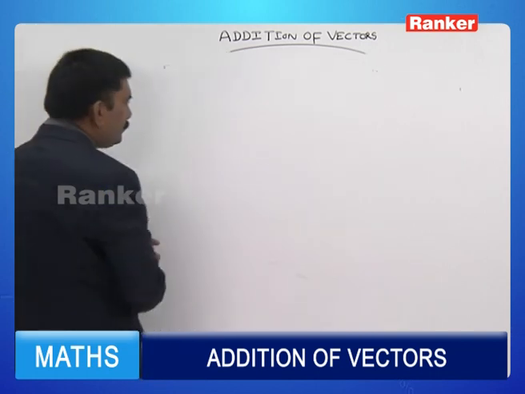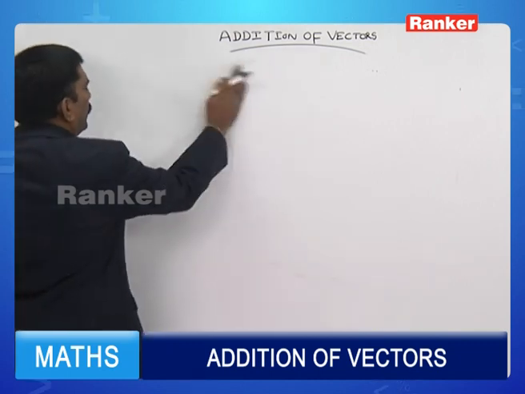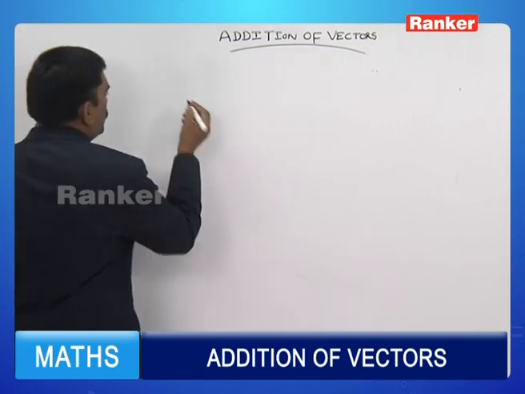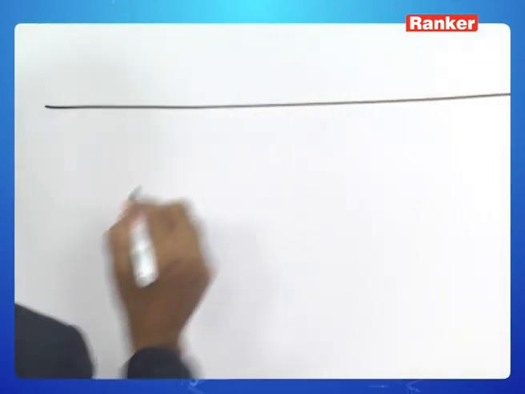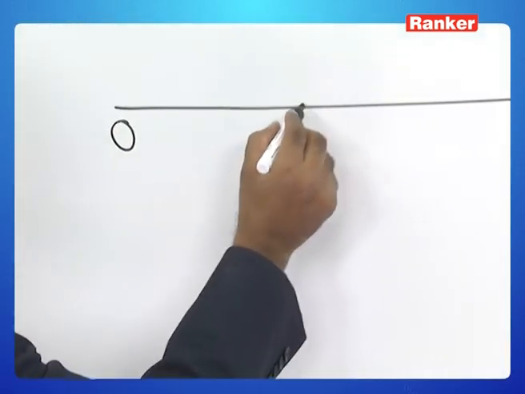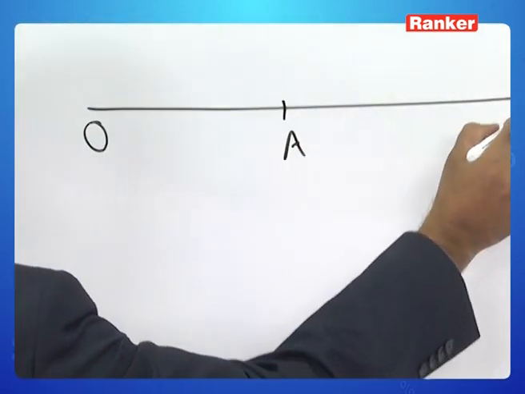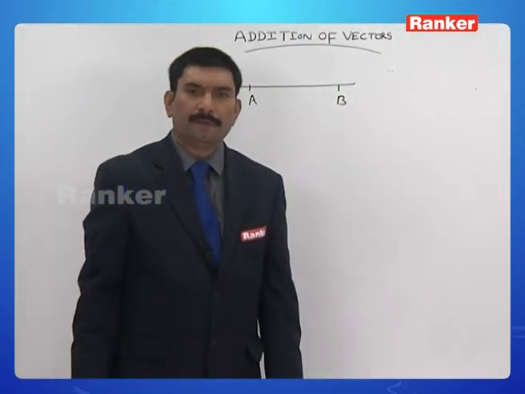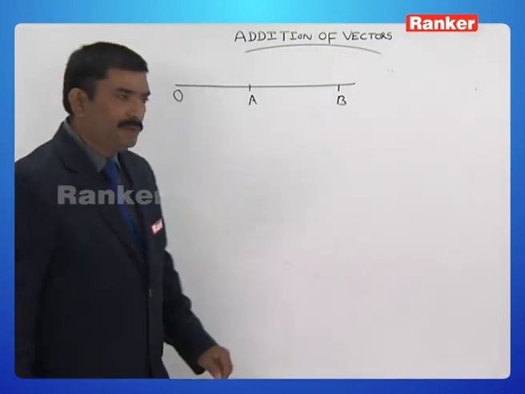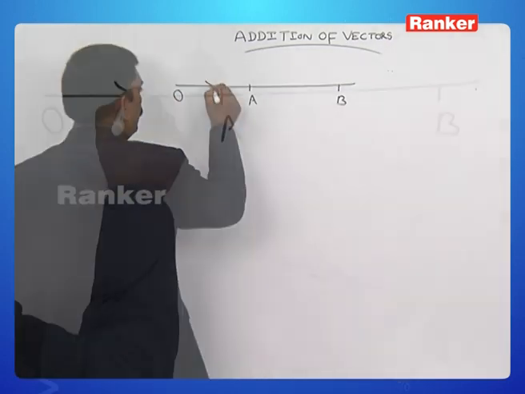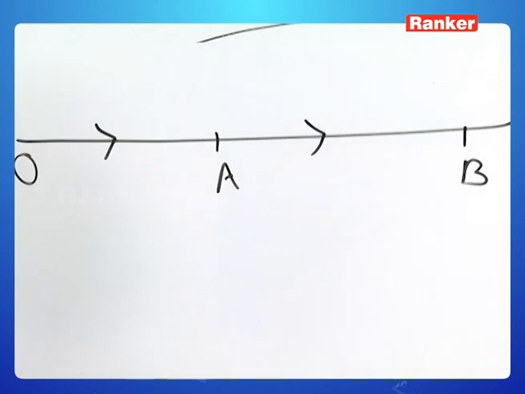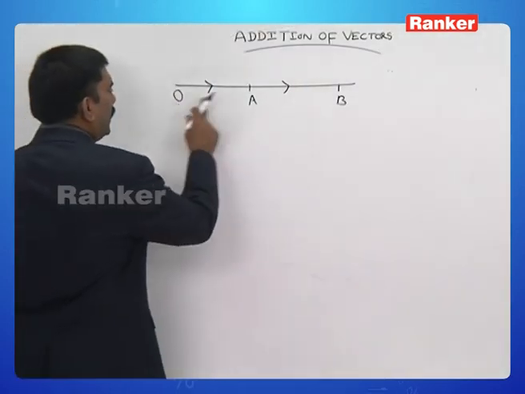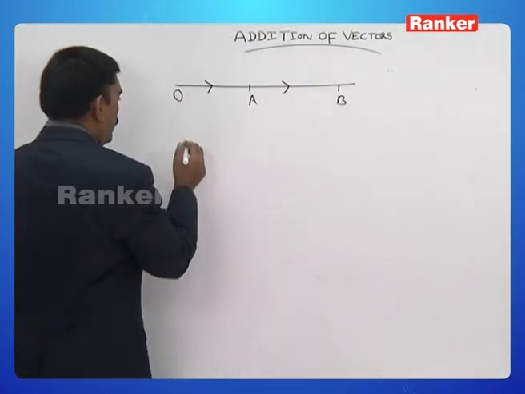Now, by using the definition of addition of vectors, this is a line segment. I am taking O, this is A, this is B. Three points are there. So I can write OA bar, AB bar. On this line, three points are collinear.